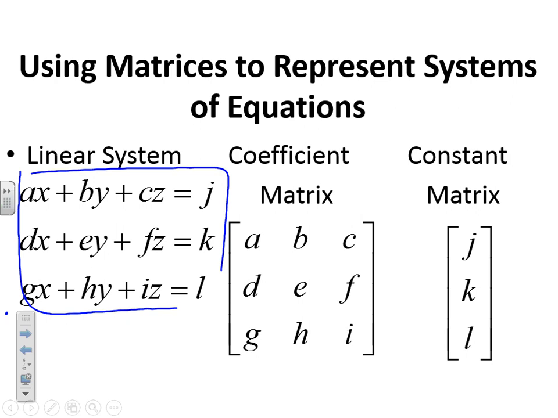You can see that row 1 corresponds to the coefficients in equation 1, and the top letter of the constant matrix, again row 1, also gives you something from equation 1. The second row comes from the second equation. The third row comes from the third equation, and so on.